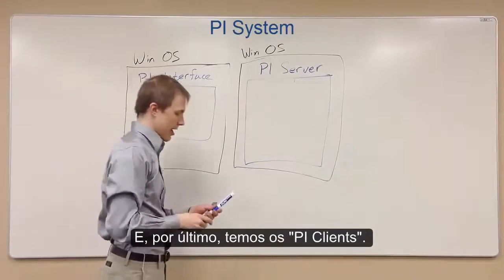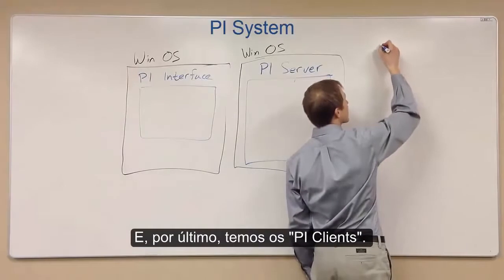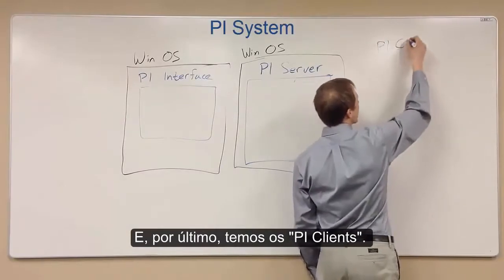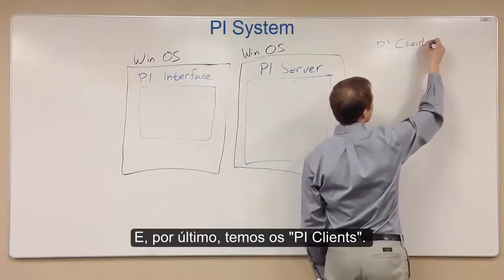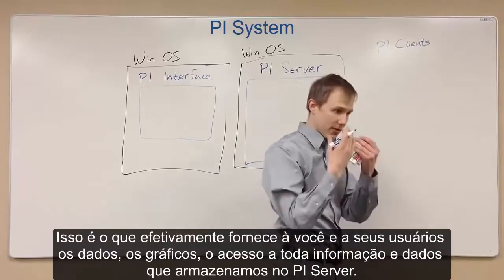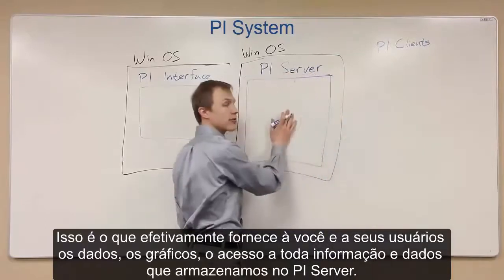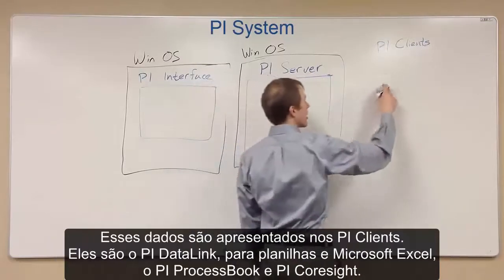And lastly, we have Pi clients. So these are things like, let's say Pi clients. This is what actually provides you and your users with data, with graphs, with some kind of access to all the information and data that we've stored in the Pi server will come out in the clients.